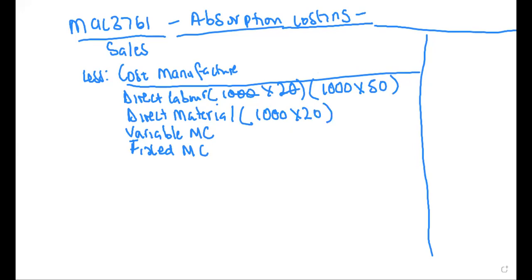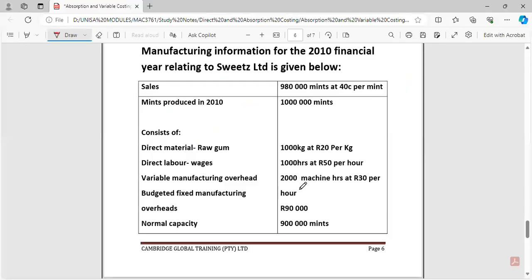Then let's look at the variable manufacturing cost. Variable manufacturing overheads, 2000 machine hours at 30 per hour.